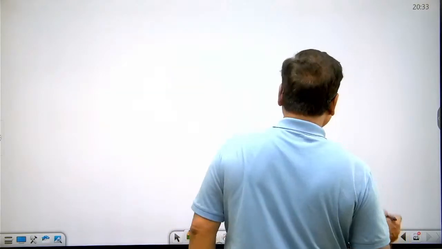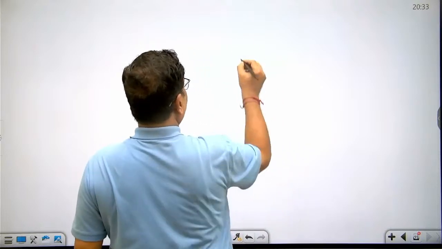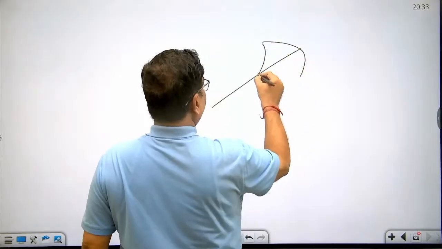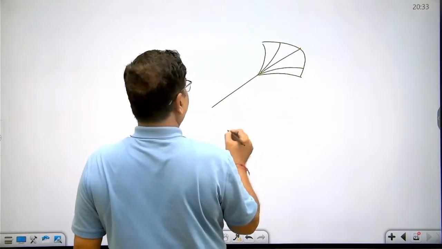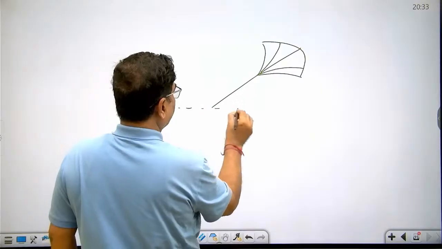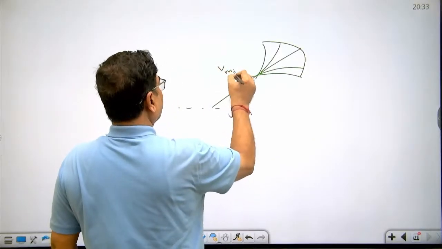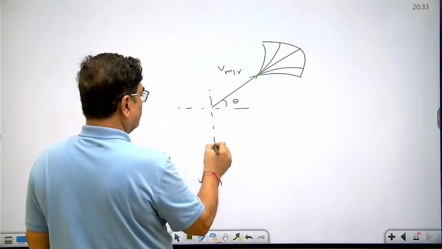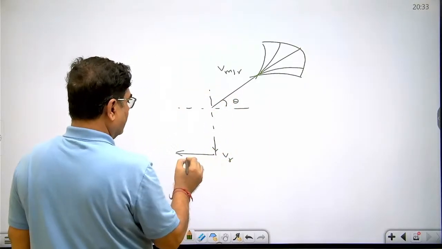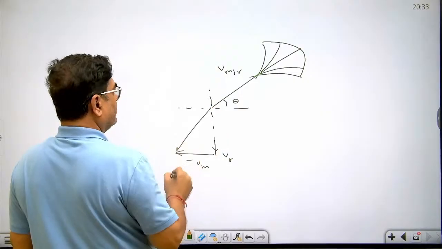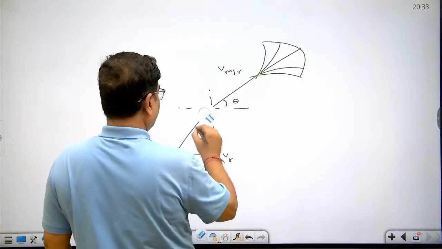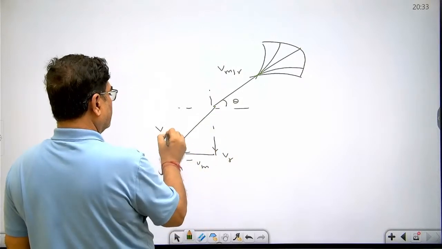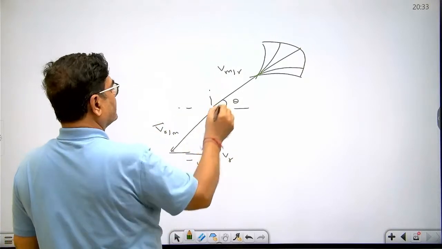Okay. So dear student, this is the direction of holding of umbrella in order to protect man from rain. This is VMR. If this angle is theta, so theta is how much? This was VR, this was minus VM, this was VRM, this is VMR.